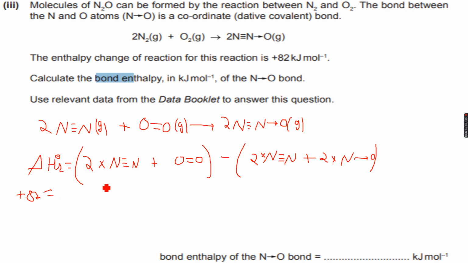Now from the data booklet I can look at the other values. So for N triple N in the data booklet I have 944, so this will be 2 into 944, plus for OO I have 496.